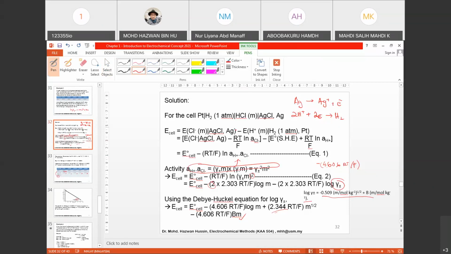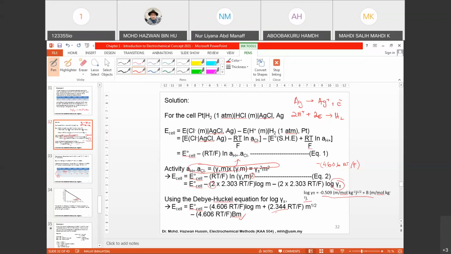Mary, please look over here again, because I have combined this. You know that the cell potential is a combination between anode and cathode. I have written somewhere here that this is the anode reaction, and this is the cathode reaction.